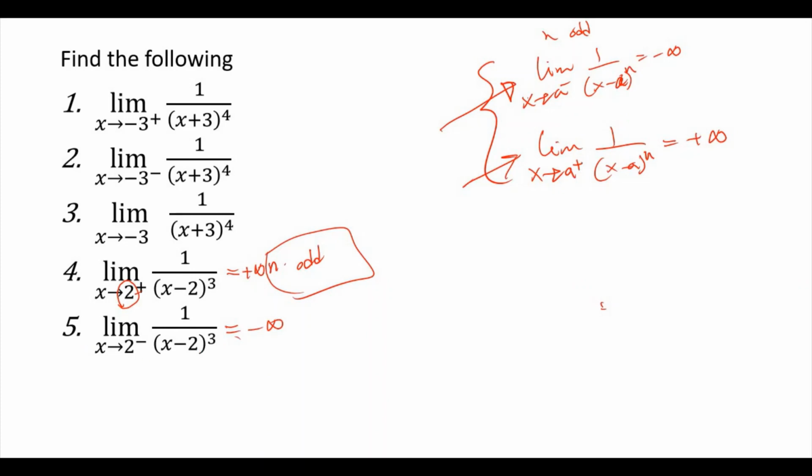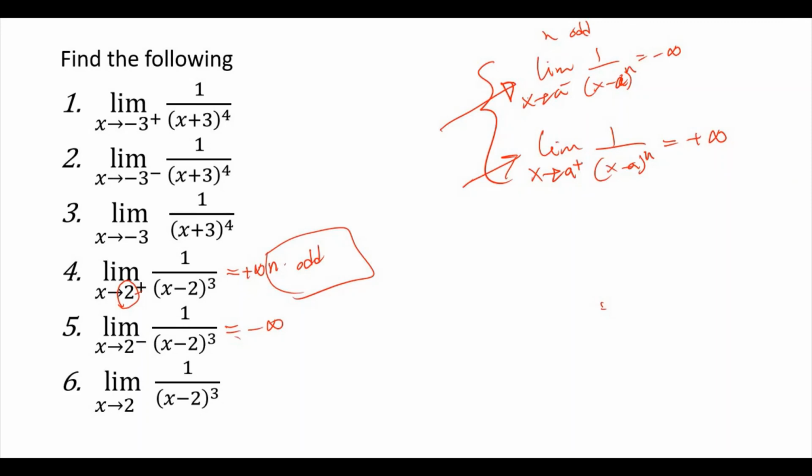Since that is the case, I can tell that the two-sided limit actually does not exist. I can't tell the behavior of the function at the point 2 because when I approach it from above, the function increases without a bound. When I approach it from below, the function decreases without a bound.